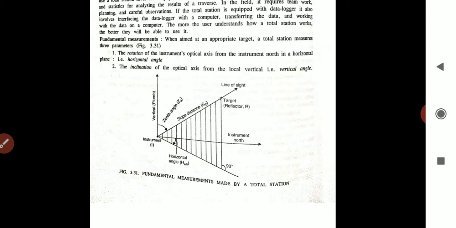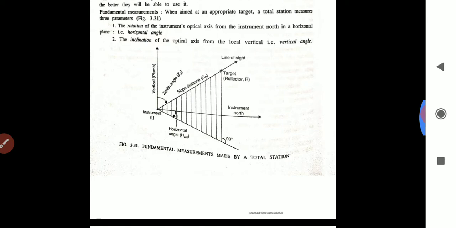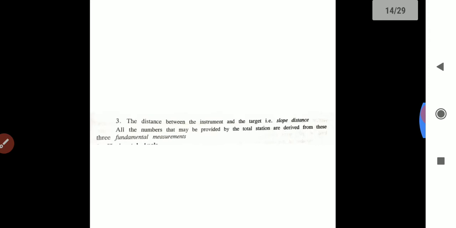Third, the distance between the instrument and the target, that is the slope distance. That figure shows the fundamental measurements made by the total station.